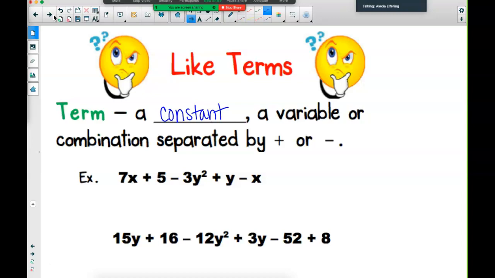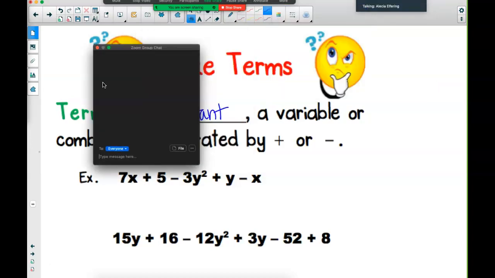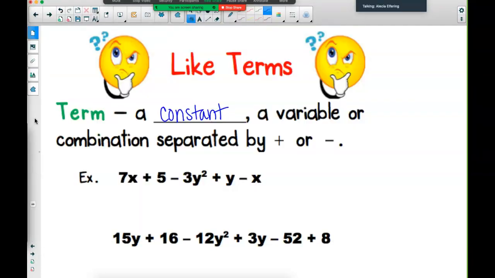Okay? So when I look at this first example here, it says 7x plus 5 minus 3y squared plus y minus x. How many terms do you think are in that expression? Those of you at home, you can just take a guess. I'll explain it more in a second, but you can type it in the chat. Do you think there's 1? 5? 4? 7?